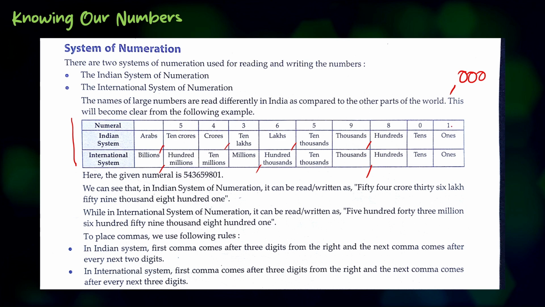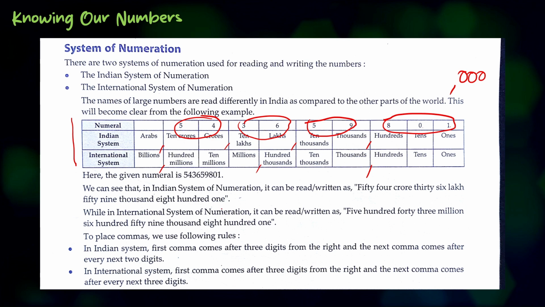Here is the given numeral. They have given the number. So ones, tens, hundreds, thousands, 10,000, lakh, 10 lakh, crore, 10 crore. This is obviously the Indian number system. So 5, 4, 3, 6, 5, 9, 8, 0, 1. In the Indian system, we will read and write it as 54 crore, 36 lakh, 59,801.